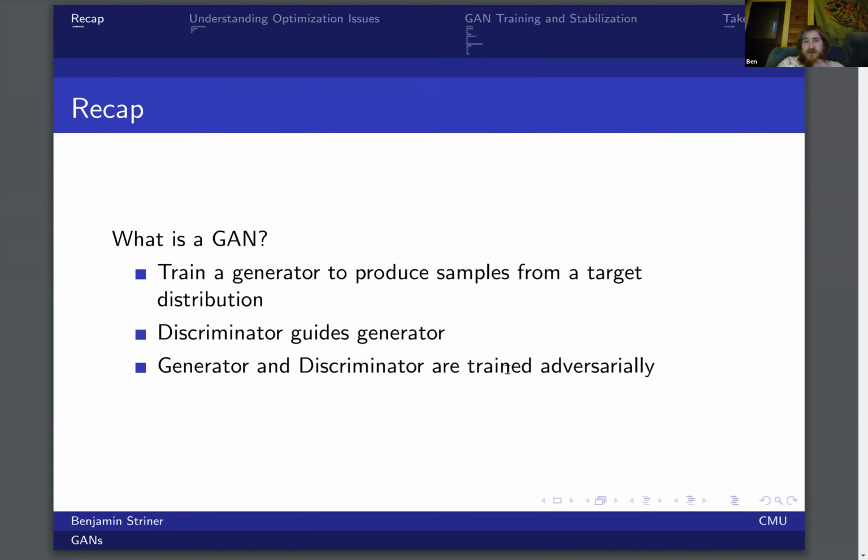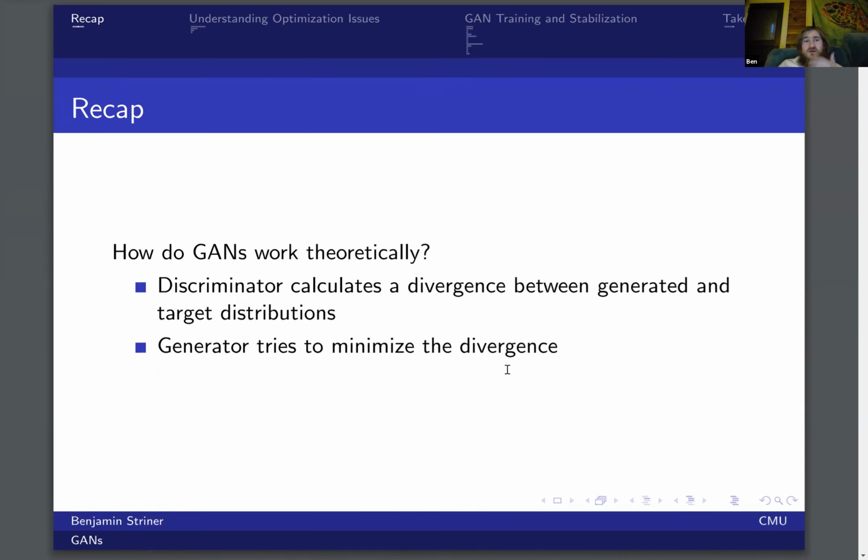What a GAN is, it trains a generator to produce samples from the target distribution, and it has a discriminator network, which is this other adversary, which helps to guide the generator and tells it what to do. The generator and the discriminator are adversaries, they're trained against each other, and this fight between them is what makes the GAN actually work. Theoretically, what they are doing is calculating the divergence between the generated and target distributions.